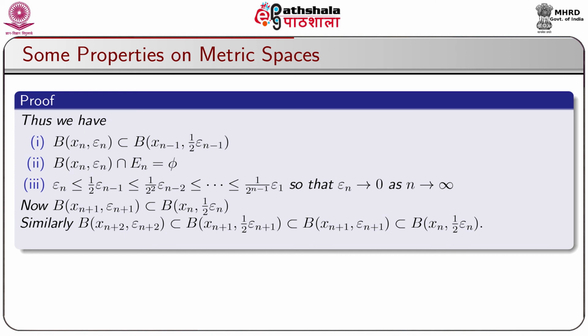So epsilon n tends to 0 as n tends to infinity.